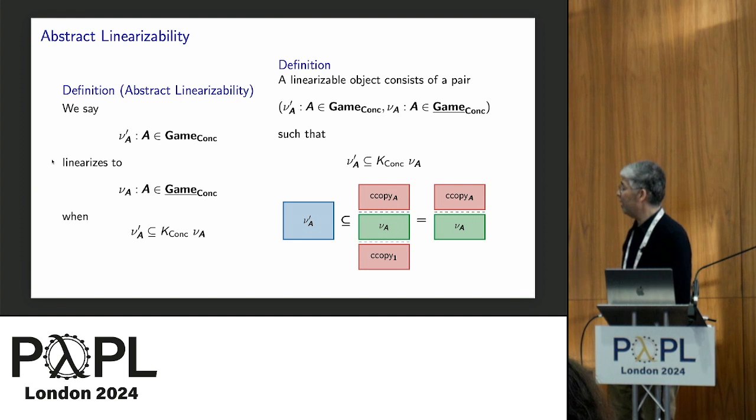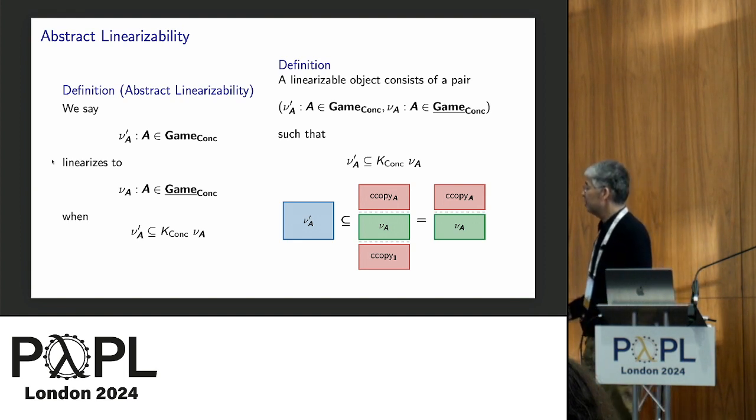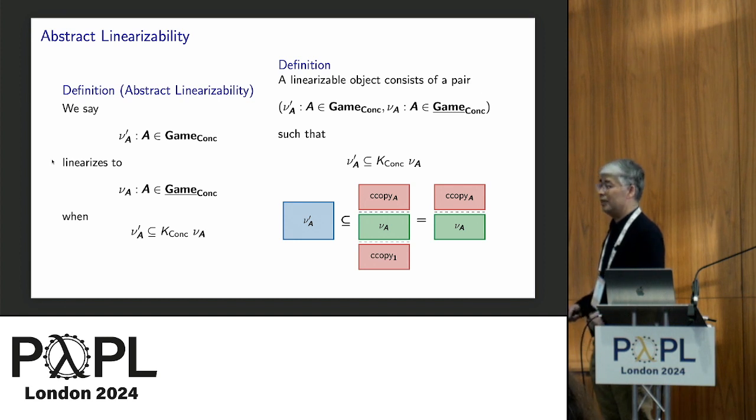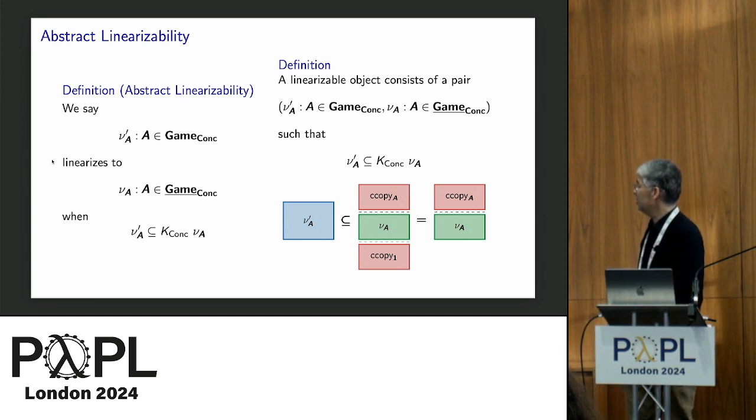So we could define our new abstract version of linearizability, saying a strategy nu A prime linearizes to nu A when the saturated strategy nu A prime is contained in the closure, or saturated closure, of nu A. So that's what the abstract linearizability is.